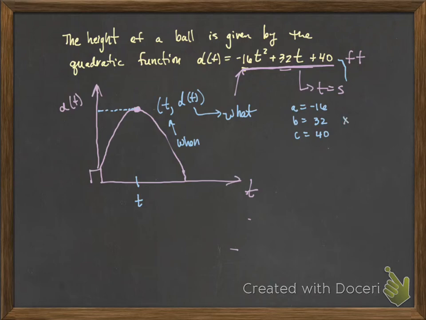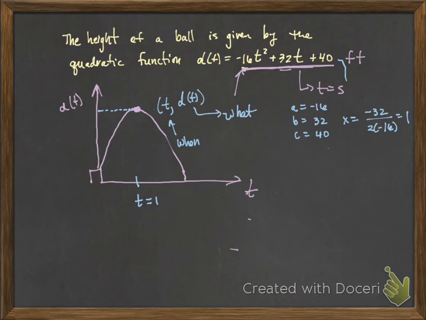All right, so our x value of the vertex is negative B over 2 times A, which is negative 16. And that becomes negative 32 over negative 32, or a positive 1. So that means the ball will reach a maximum height after 1 second.